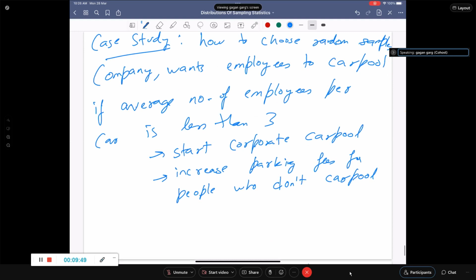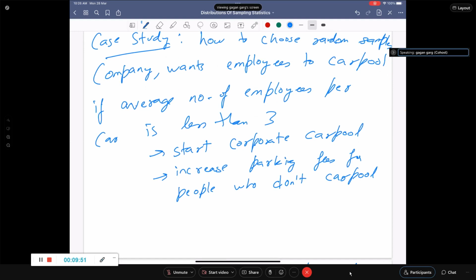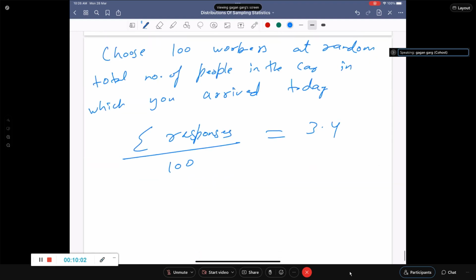A company wants to find out how many people per car there are on average. If the number of people per car is less than 3, they'll start corporate carpooling. They'll increase parking fees for people who don't carpool. The intention is to encourage people to carpool. They choose 100 workers at random. They ask how many people were with you in the car today when you arrived.